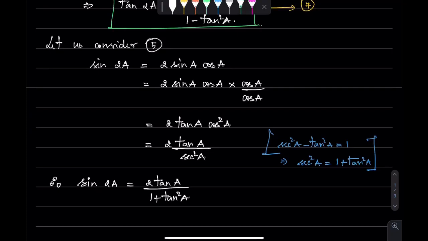You happy? Good. So we got the sine result in terms of tan. This is my 8th result.